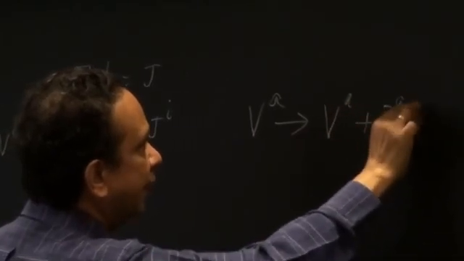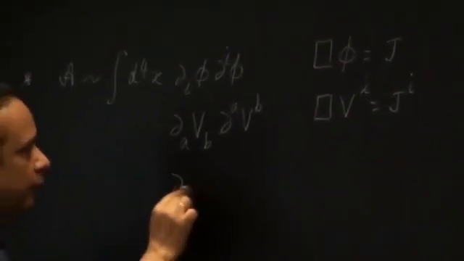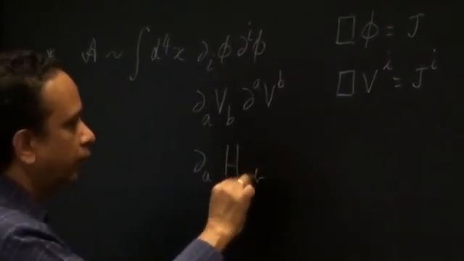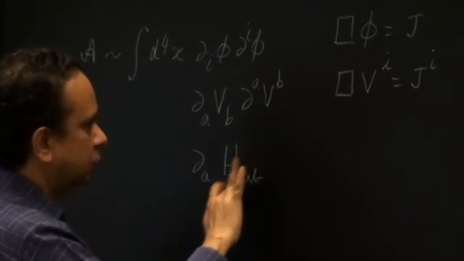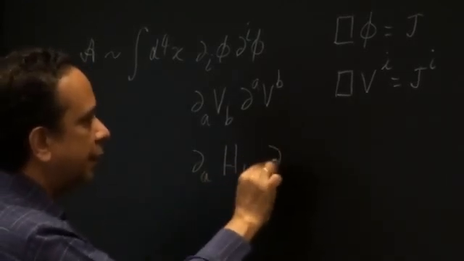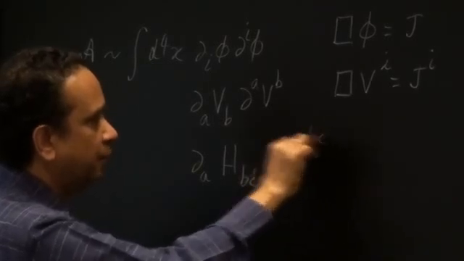Then I pointed out that when you go to the next level, you will have something like ∂_A of H_AB times H_BC and ∂_A of H_BC, and the same problem will persist.